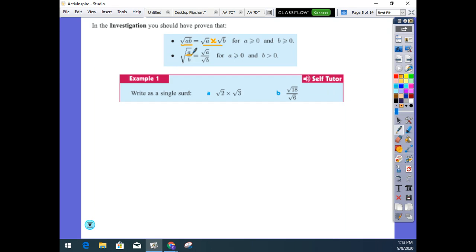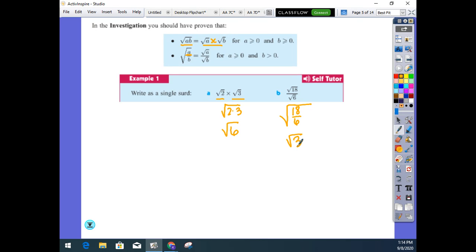Very important. So since square root of 3 times the square root of 2, we just multiply the 2 times 3 underneath, and we get 6. If these are being divided, we can make it into one square root and just take 18 divided by 6 to get the square root of 3.